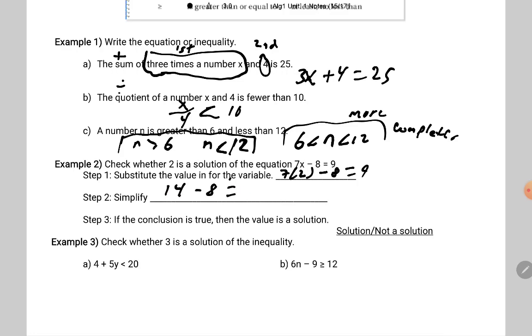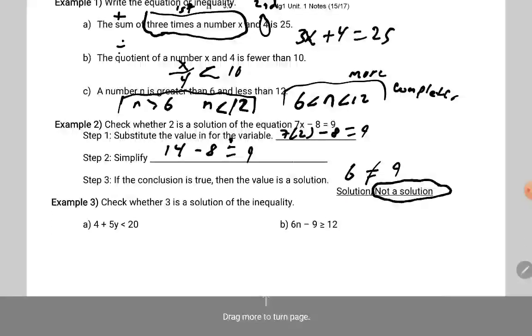Does that equal 9? We got 6. 6, does that equal 9? No. So this symbol means not equal to. This is not a solution. If it was true, if it was equal, then it would be a solution, but it's not.